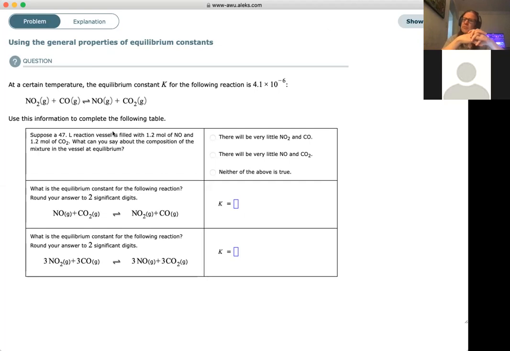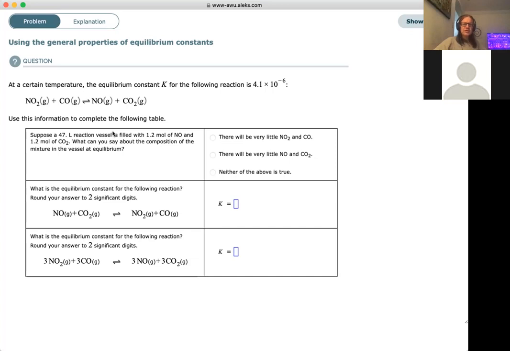So we're going to do a couple of little calculations here, but the first part of this question is going to be sort of a conceptual understanding. It says here at a certain temperature, the equilibrium constant K for the following reaction is 4.1 times 10 to the minus 6. Now they're not saying whether it's Kc or Kp. Typically, if it doesn't say either, it might be Kc. It's hard to say. It doesn't really matter for our problem here, though.